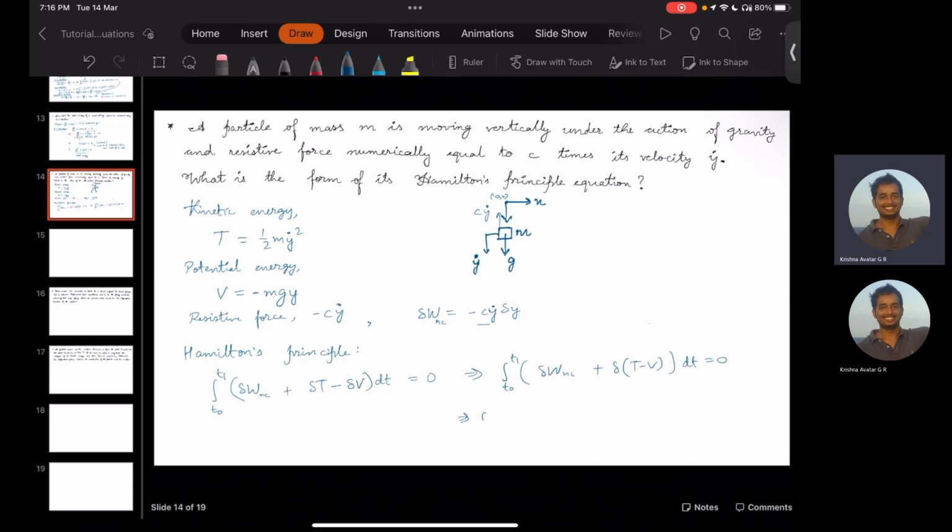And this implies that the integral from t0 to t1 of minus c y dot del y plus del of half m y dot squared plus m g y, fine. So this is our Hamilton's principle equation that the question asked us to determine.